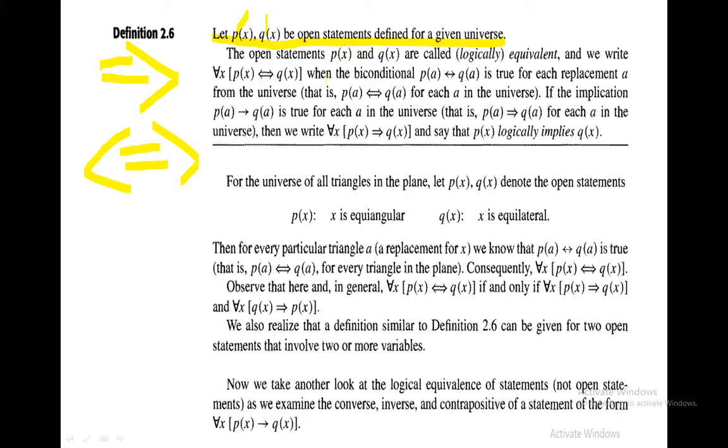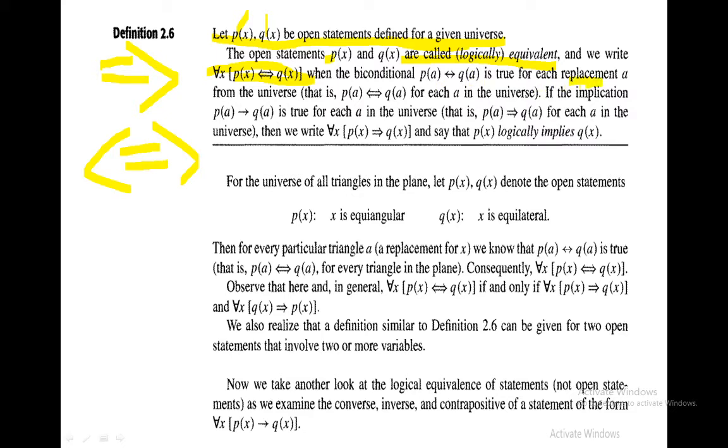Once it is done, the open statements p of x and q of x are called logically equivalent. If they are logically equivalent, I am going to use this particular symbol. So if we write for all x, p of x is logically equivalent to q of x, when the biconditional p of a is logically equivalent to q of a is true.